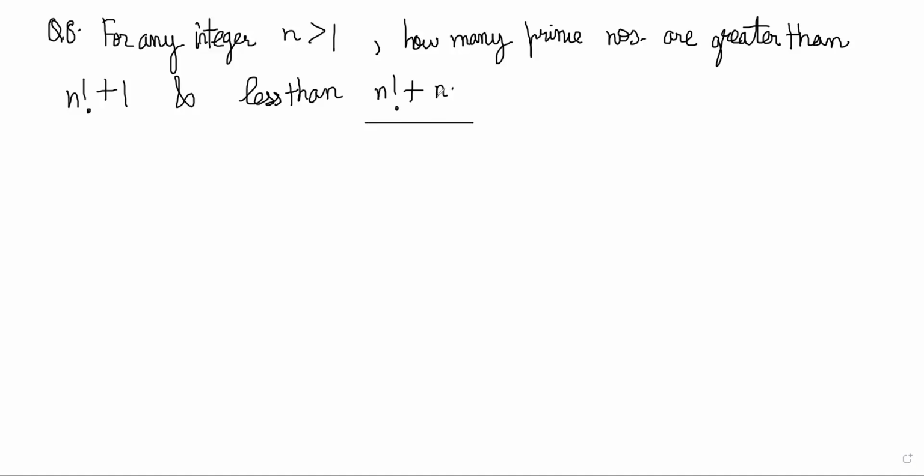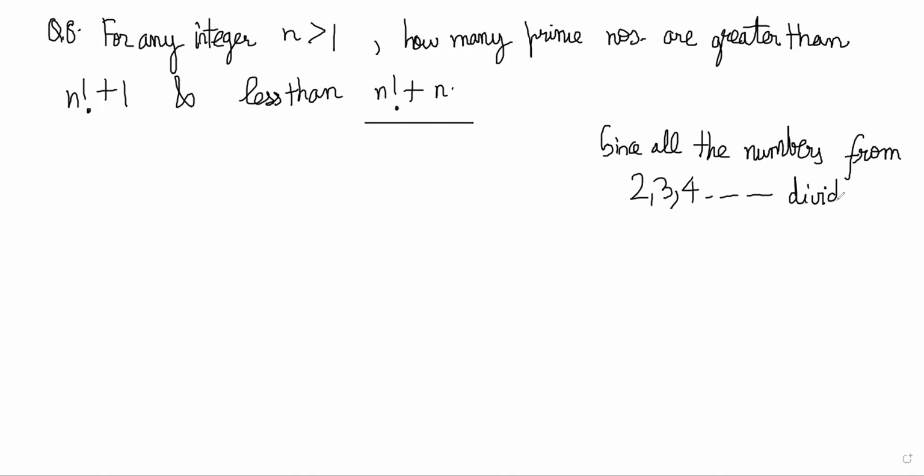Now think about this. Since all the numbers from 2, 3, 4, etc. divide n factorial, we can say for sure that n factorial is definitely even.